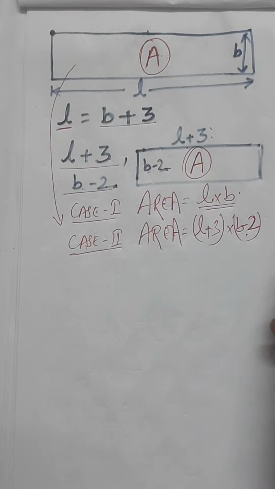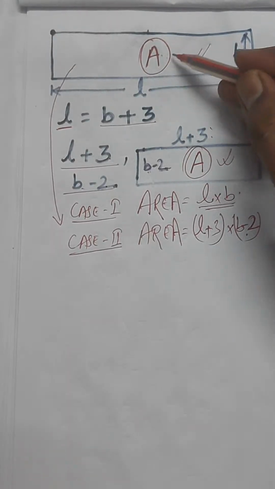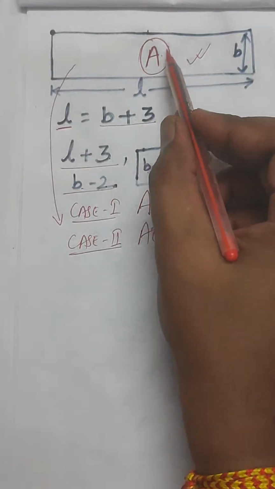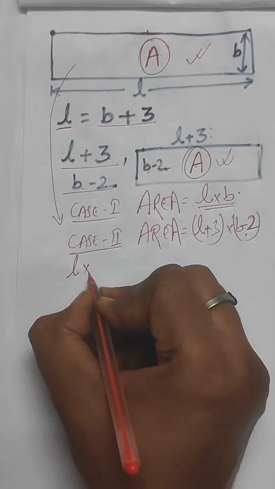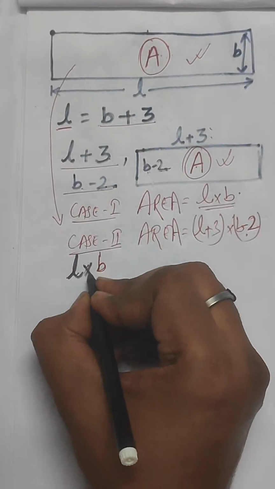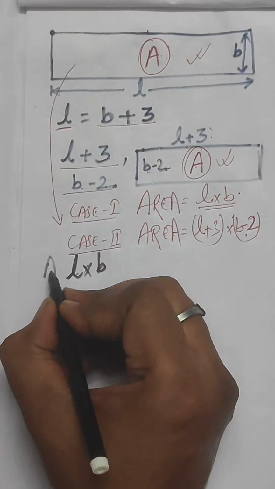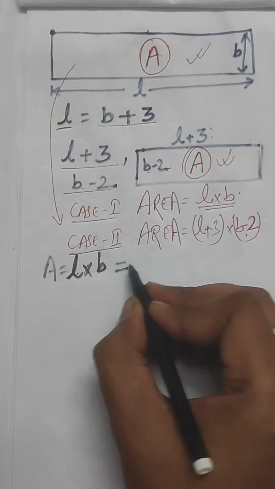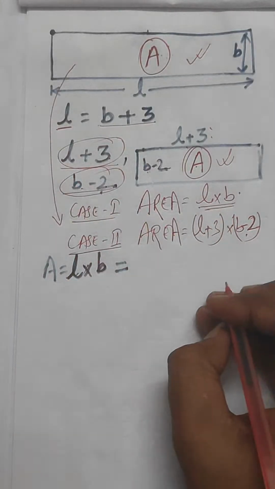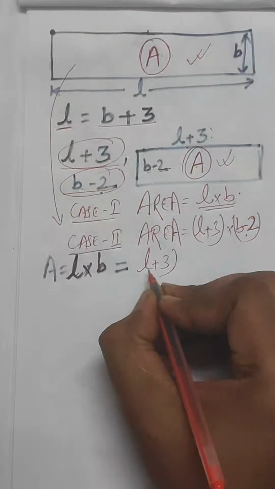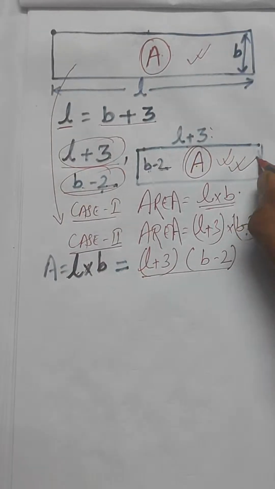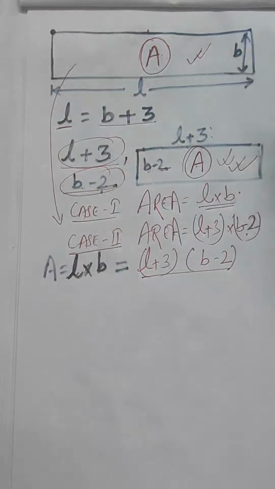Both the areas are the same, as I have written A and A. So we can compare: the area of the first room will be L into B, and this should be equal to the area with new dimensions L plus 3 and B minus 2. L into B is the area of the first room.